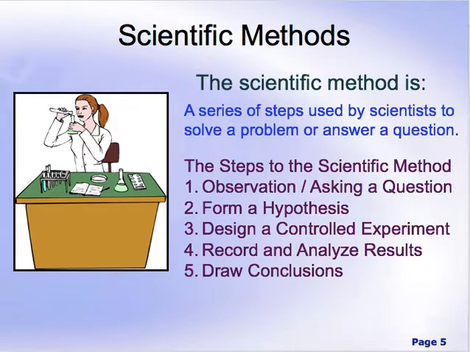Then we're going to design a controlled experiment, and this is important to be a controlled experiment because too much happening totally skews everything and we're getting lost in it. Then we're going to record and analyze our results and finally draw conclusions to see what all this lab activity and everything has told us about this subject, for us enzymes. So what is it going to tell us that we can draw from this experiment?